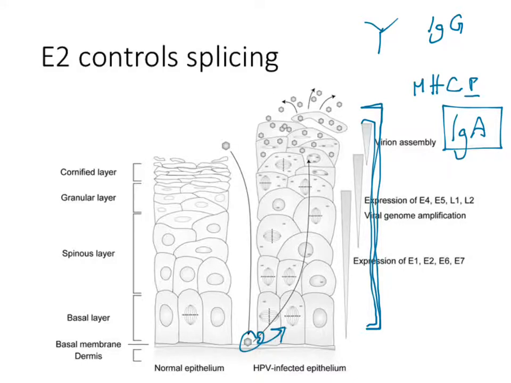A lot of the high-risk ones besides 16 and 18 can clear themselves. Can you be reinfected with those, since the antibodies aren't that...? You might. I don't know if anybody's really investigated that in much depth.